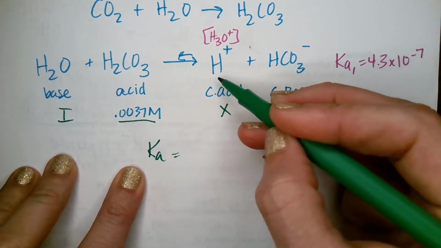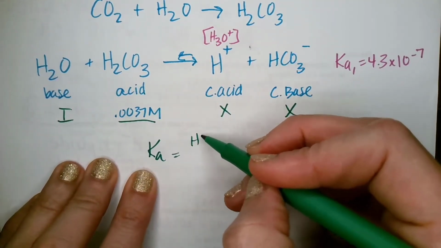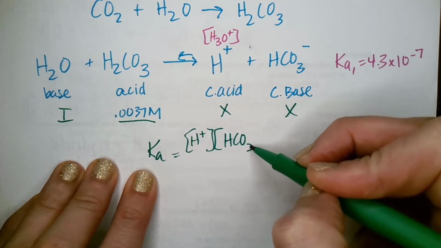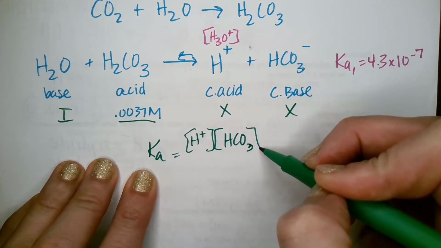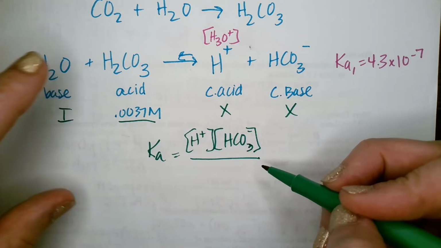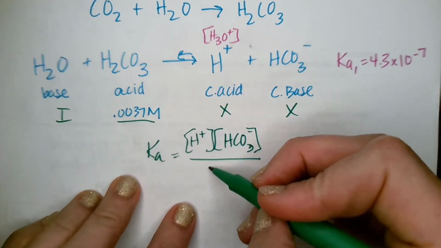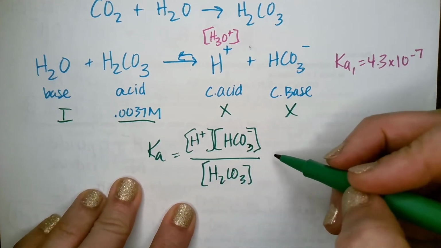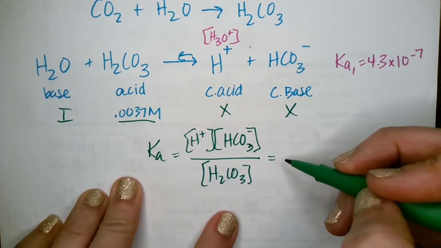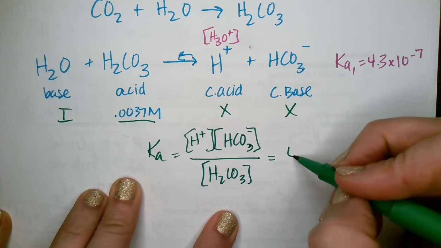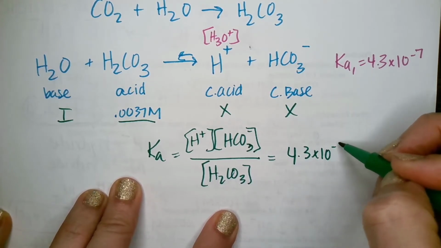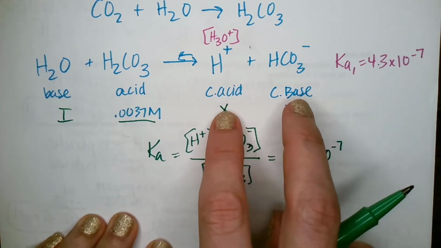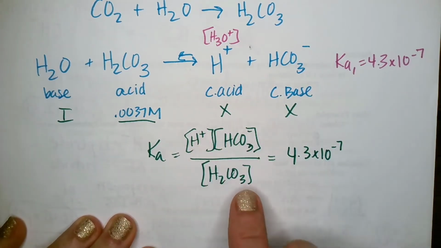Now, if we were to write our Ka expression, we know that Ka is equal to our products, so our H plus times our HCO3 minus over our reactants, H2CO3 concentration, and that's going to be equal to our Ka1 of 4.3 times 10 to the negative 7th.